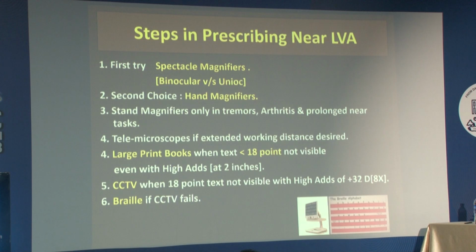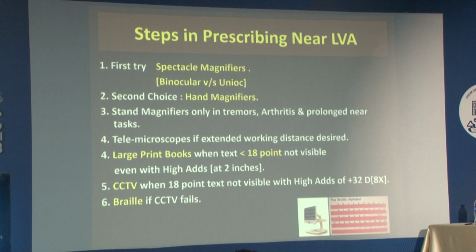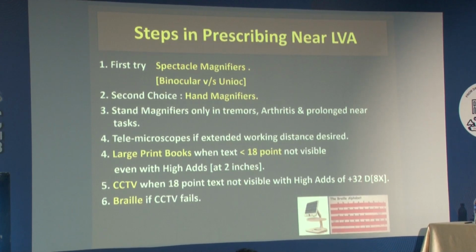So you prescribe large print books for those low vision children or clients who are able to read only 18 point text and not less than 18 point text, even with high plus adds at 2 inches distance. So that is another thing that you need to remember.